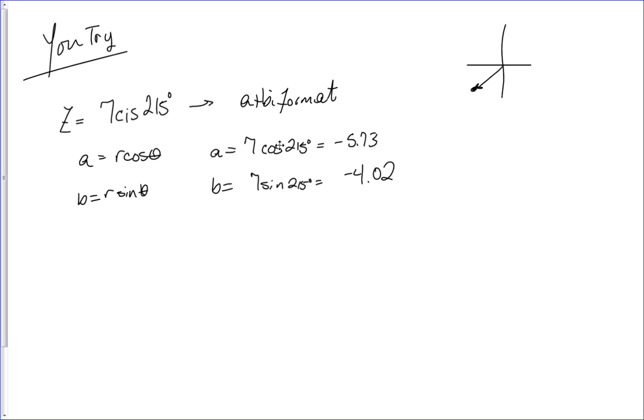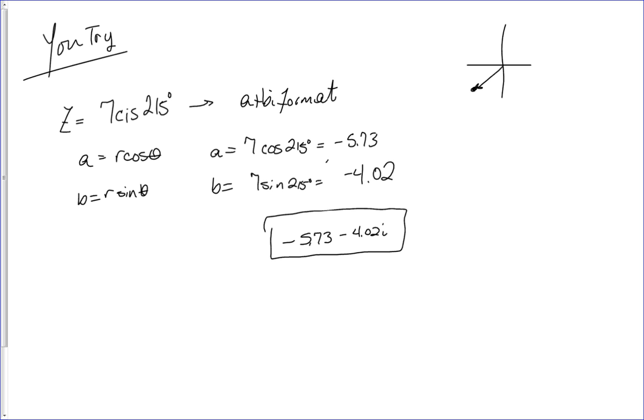So we can use these numbers as is because we just double checked it, and in fact, the 2 numbers we got represent this point perfectly. So writing 7 CIS of 215 in a plus bi format is going to be negative 5.73 minus 4.02i. All right, that is how you convert between the 2 different formats, polar format or a plus bi format.